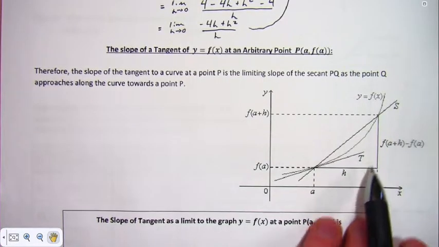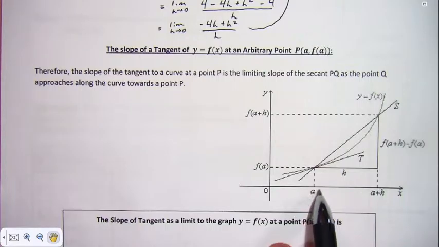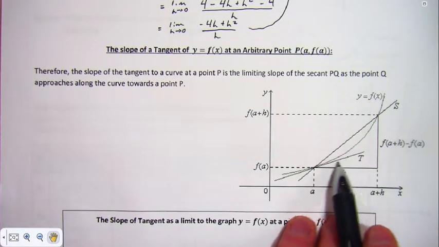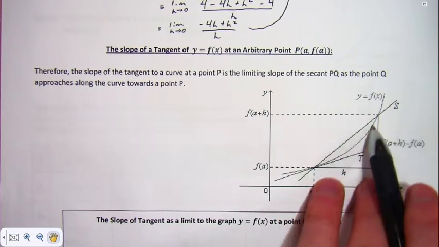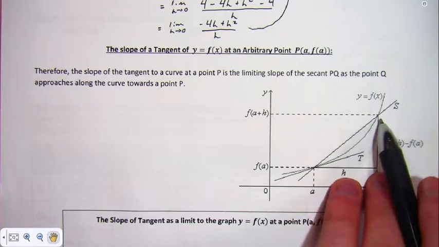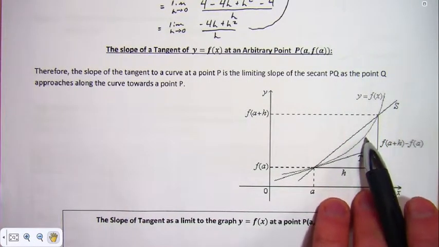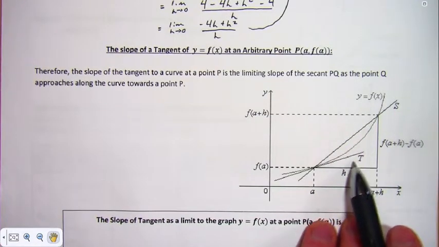And you can see our first point, where we're interested, is at A. We've drawn the tangent line here, so that's the line we want the slope of. We've gone over by h to get a second point. And as we move h closer and closer, this secant line is going to get closer and closer to turning into the tangent.